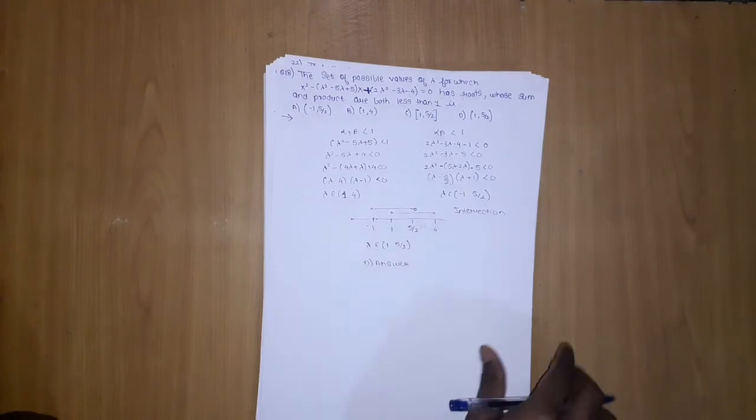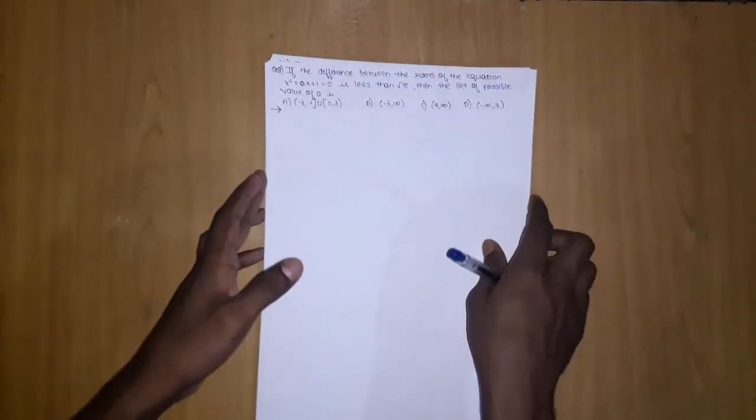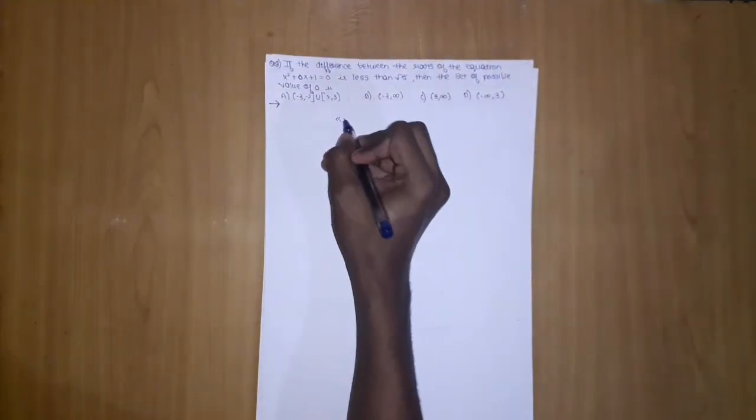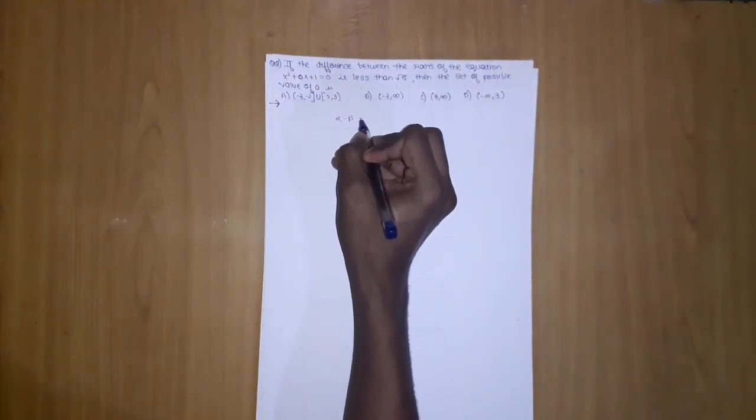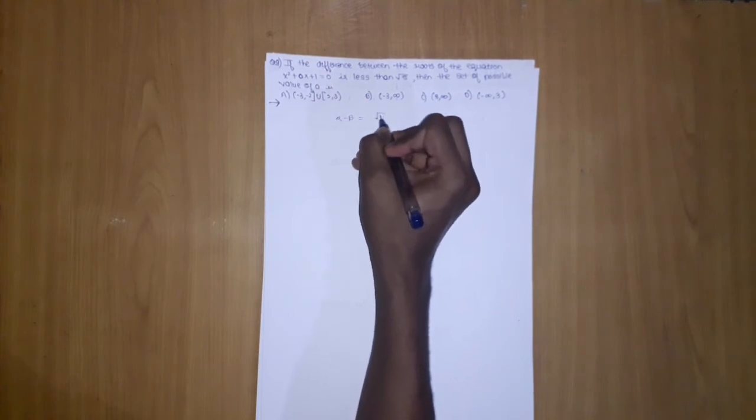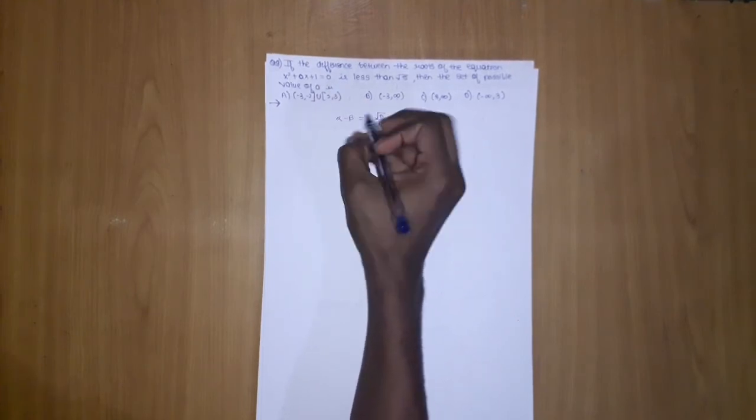Okay, moving on further to question number 19. The difference between the roots of the equation x square plus ax plus 1 equal to 0 is less than under root 5. Then the set of possible values of a is, okay. Now difference of the roots means alpha minus beta, and we know it is equal to under root D upon a, and we write it with a mod generally, as we don't know the sign of any root.